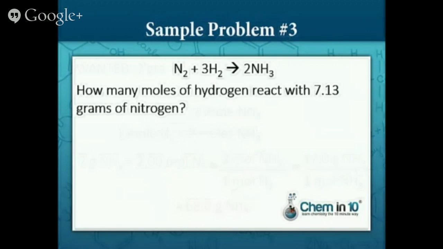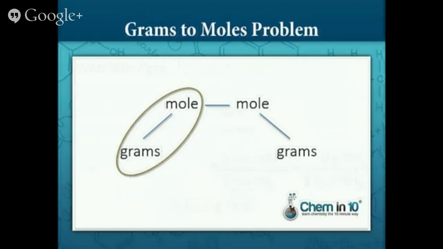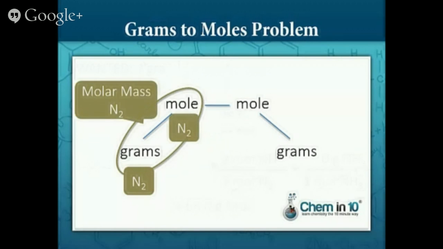Sample problem number 3. How many moles of hydrogen react with 7.13 grams of nitrogen? So we want moles of hydrogen, and we're starting off with grams of nitrogen, 7.13 grams. So we're going from grams of nitrogen to moles of nitrogen. So we're going to need the molar mass of nitrogen.